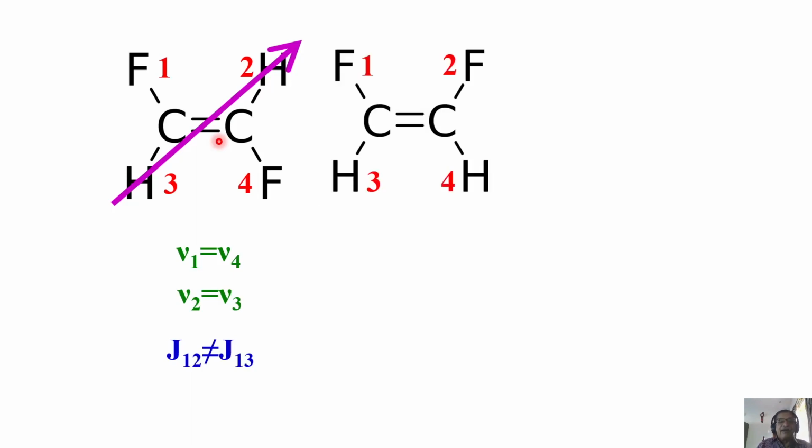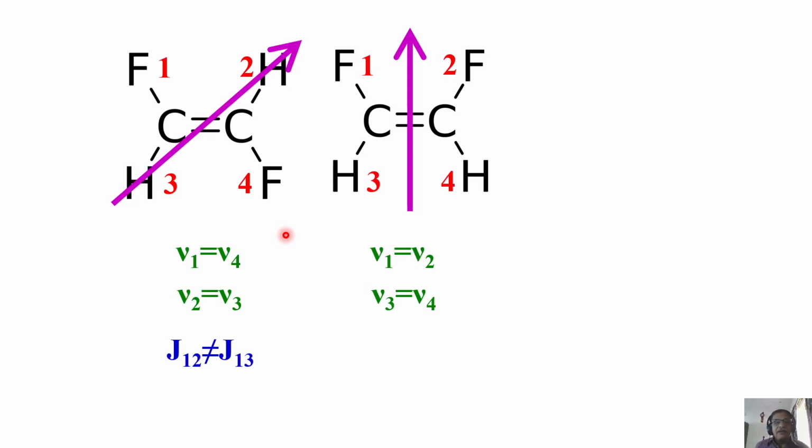Now look at this molecule, the same difluoroethylene, but now the position of the fluorine is shifted. Here it was trans, but now it is cis. These two fluorines are in cis configuration. These two were in trans configuration. Now where is the symmetry axis here? This is the symmetry axis. What does it mean? In this molecule also, fluorine 1 and fluorine 2 are now equivalent.